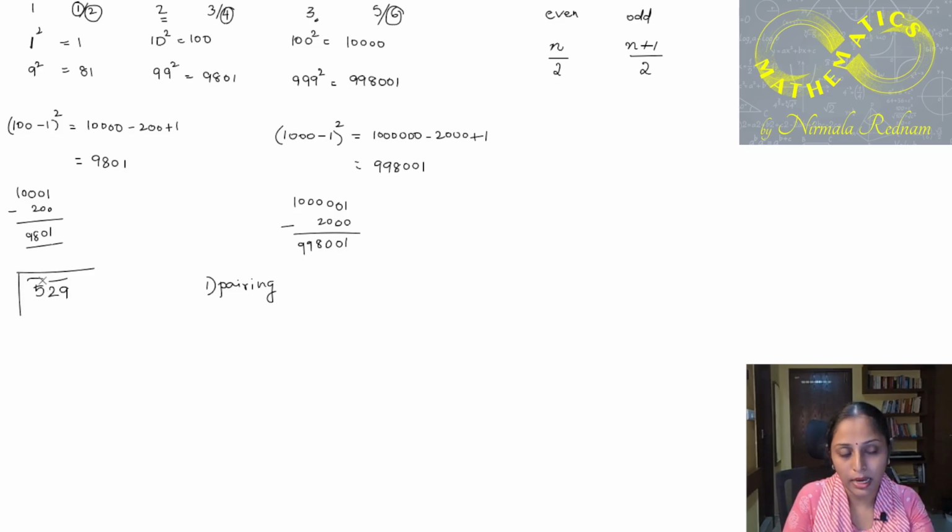Consider the first bar. First bar, what is the number I have? I have a 5. So I have to check what is the closest perfect square to the given number under the bar. The number here is 5, and you know that 4 is the closest one. 5 lies between 4 and 9, the two perfect squares.